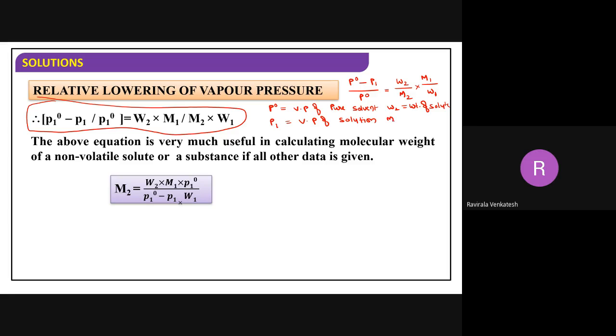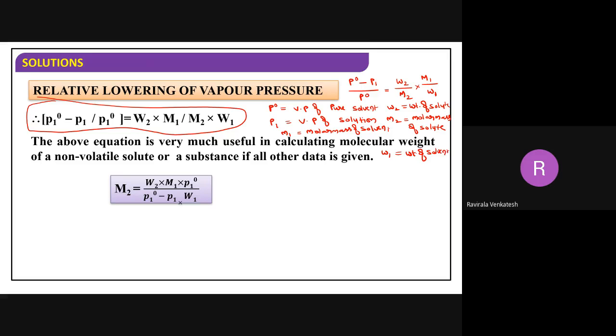M2 is the molar mass, that means the molecular weight, of the solute. 2 means solute, 1 means solvent. Next, M1 is the molar mass, molecular weight, of the solvent. And finally, W1 is the weight of the solvent.